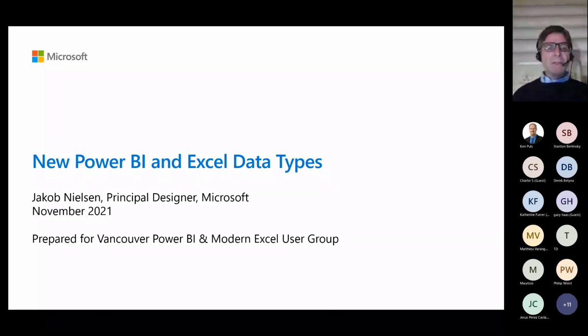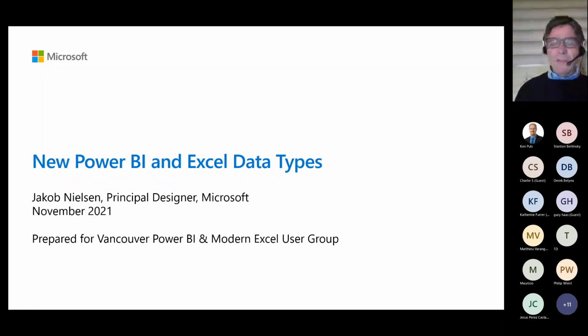One of the things that I've worked on during the past 2 years is some new data types for Excel, and that is what I'm going to focus on for this particular presentation.